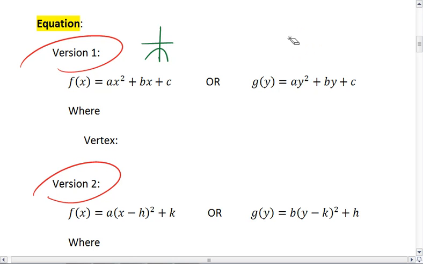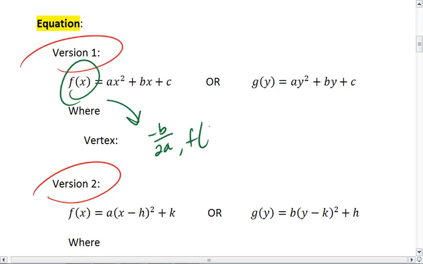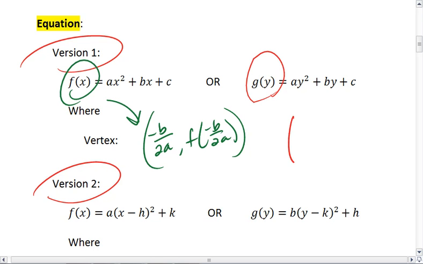In either case, with f of x, our vertex is at negative b over 2a, comma, f of negative b over 2a. And then with our g of y, our vertex would be at g of negative b over 2a, comma, negative b over 2a.